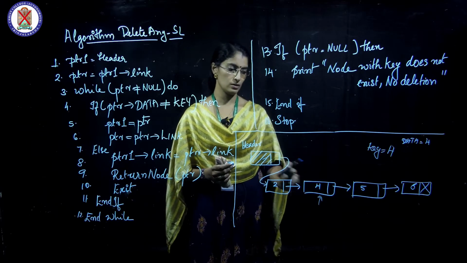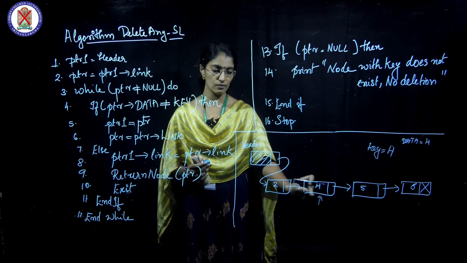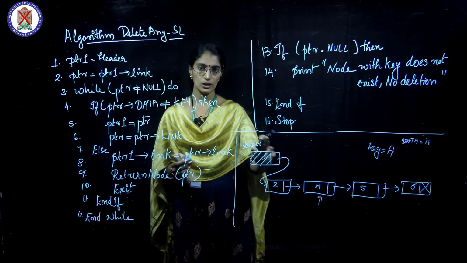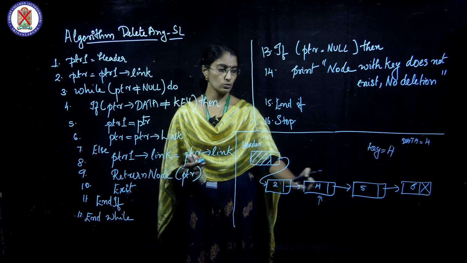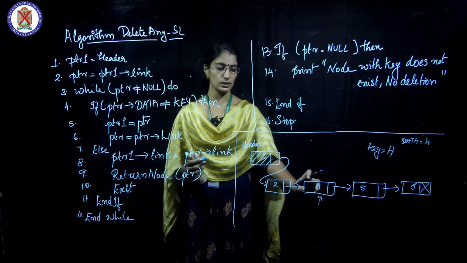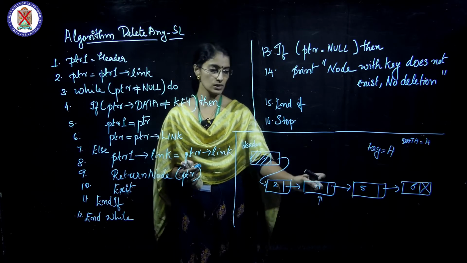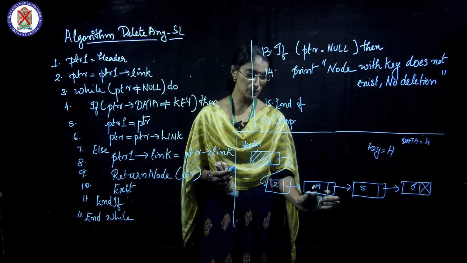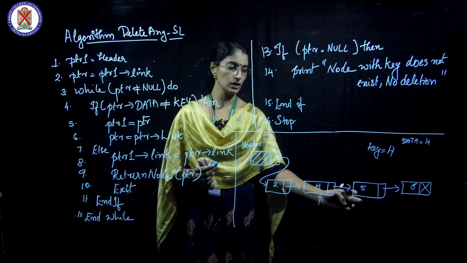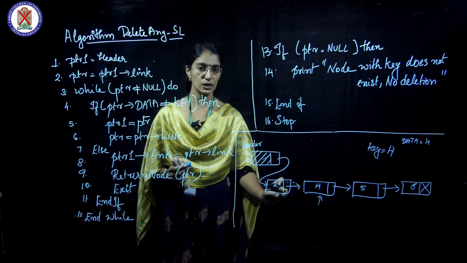Now what happens when you have to search for the key value in the linked list, that is 4. Starting from the header node, you traverse through the linked list. At the same time you check whether the data part has the key value, that is 4. When you reach this particular node, from the link part of this node you get the address of the next node, and that value should be given to the link part of the previous node.